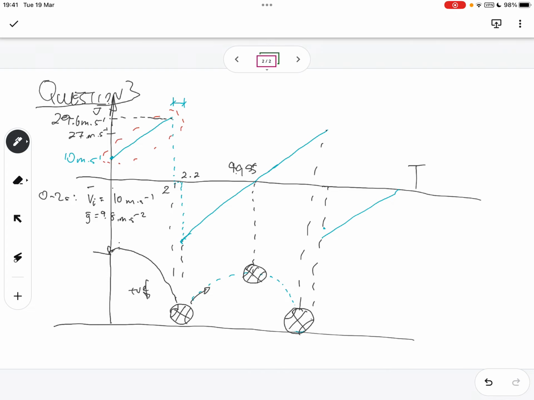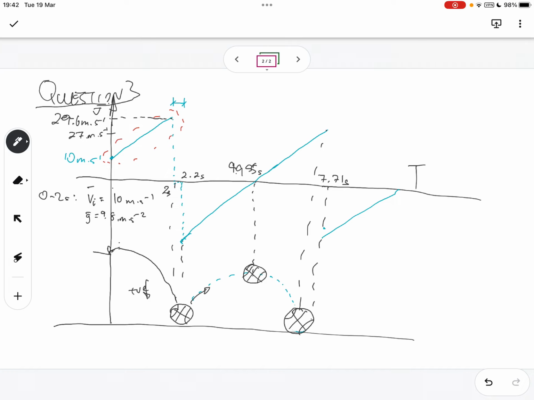Yeah. Right. So now it's at 27 meters per second, and that is at time t equals 7.71 seconds. And then it comes into contact with the floor.